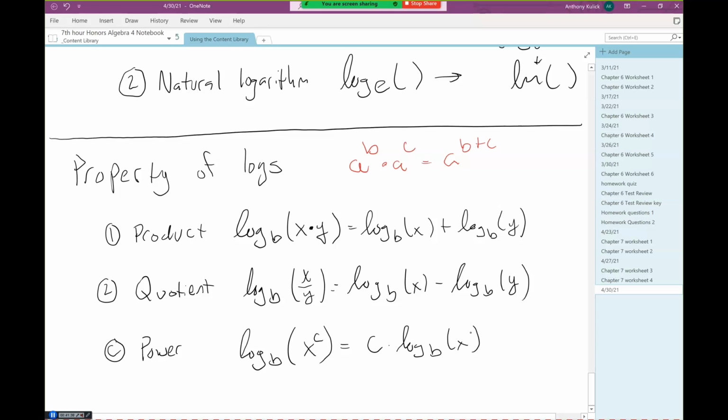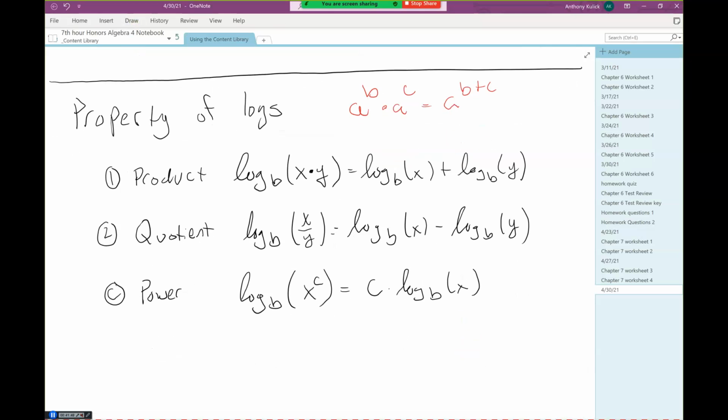And again, the power property looks kind of weird at first glance, but if you think about it, that's exactly what we're using when we're simplifying a logarithm. So we say, log base 2 of 2 to the third was just 3, right?